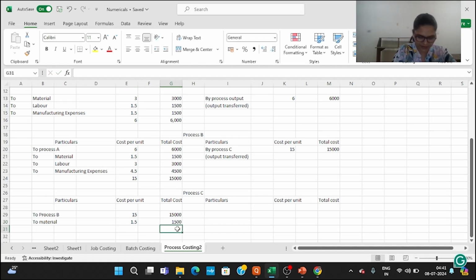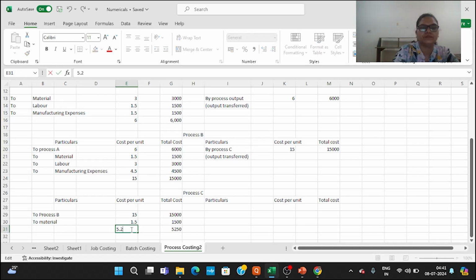Next is labor, 5250. 5250 is the total cost, then the cost per unit is 5.25. I forgot to mention labor.